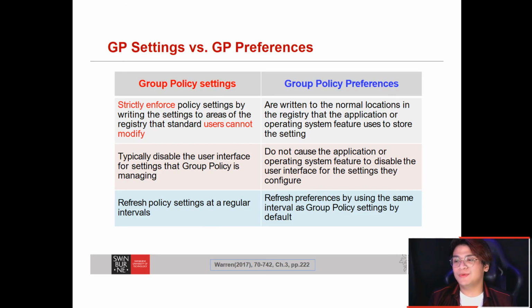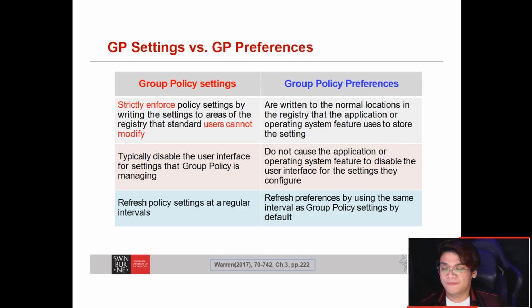So the difference between GPO settings and GP preferences is that group policy settings strictly enforce policy settings by writing the settings to areas of the registry that standard users cannot modify. But group policy preferences are written to the normal location in the registry that the application or operating system feature uses to store the setting, instead of something that your user cannot change. The GP settings typically disable the user interface for settings that group policy is managing.